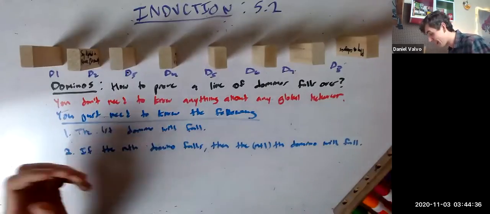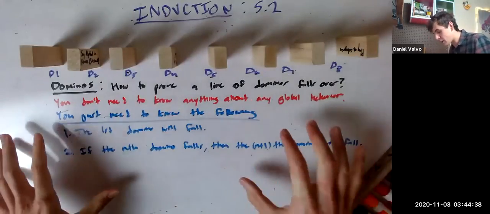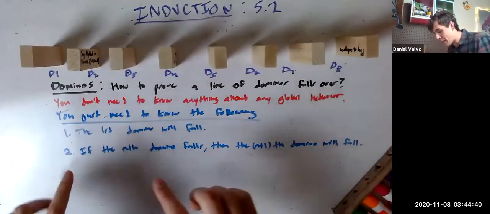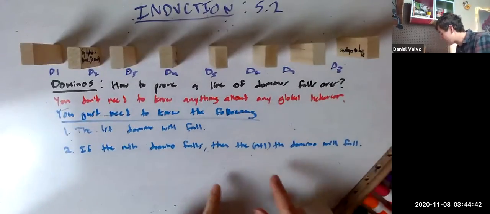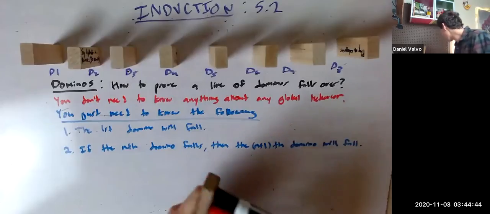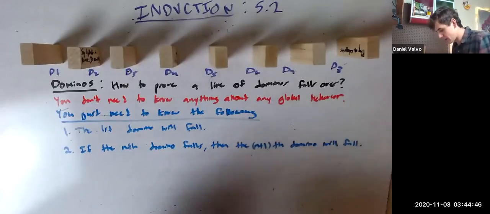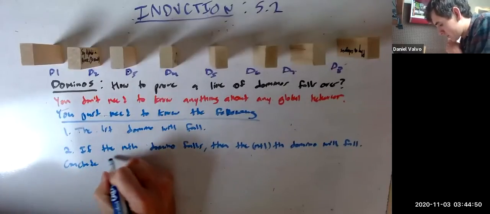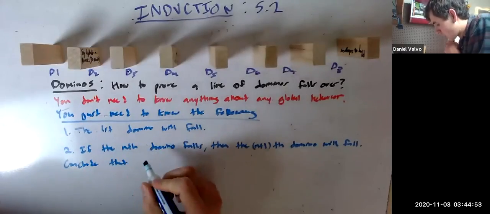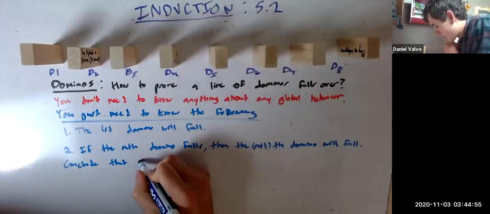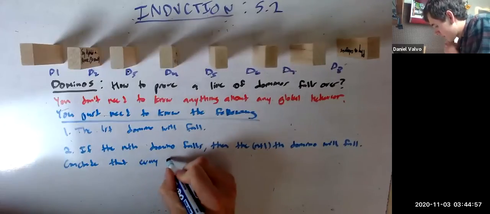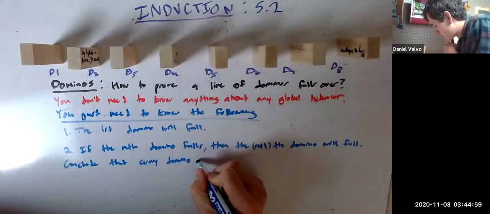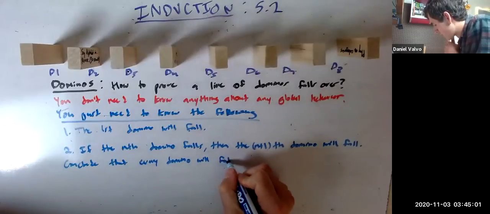Anyway, you should know the first domino falls, and that if the nth domino falls, then the n plus 1 domino will fall. And then from that, you can conclude that every domino will fall.